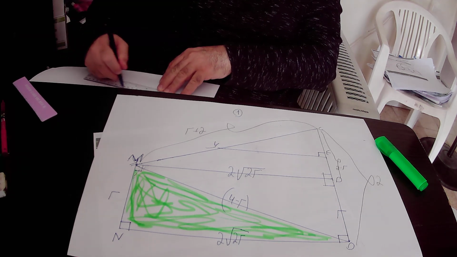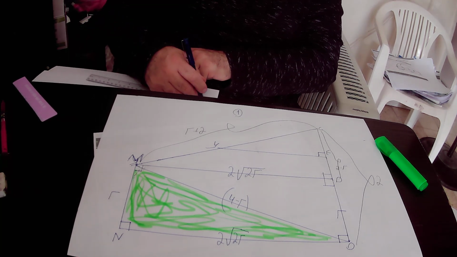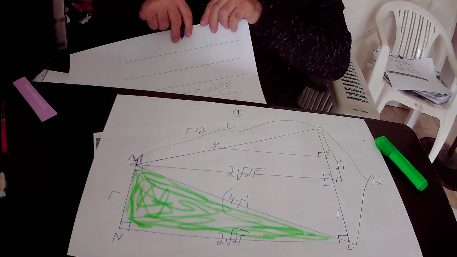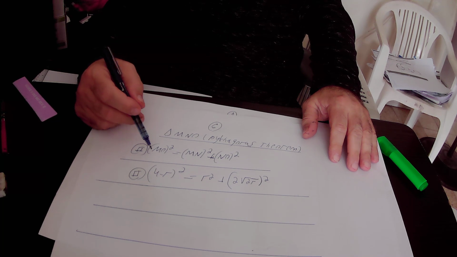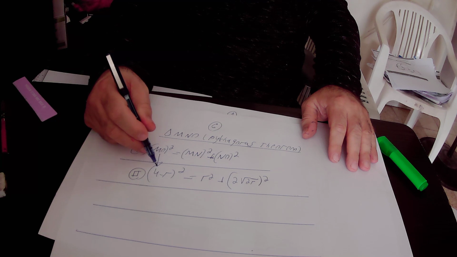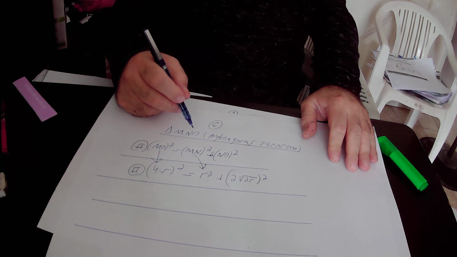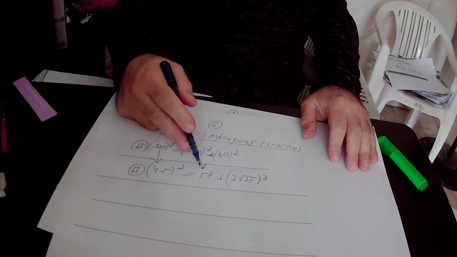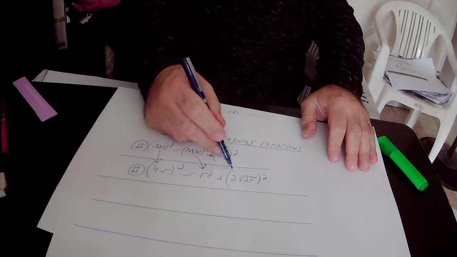So in total, we actually got that according to equation number 2, MO is 4 minus r, so MO square is (4 minus r) square. It equals MN square. MN equals r, so MN square equals r square. And NO equals 2 times square root of 2r, so NO square will be equal to (2 times square root of 2r) square.